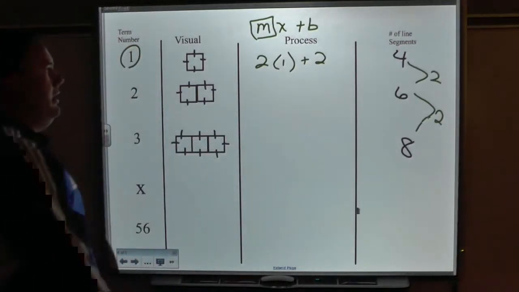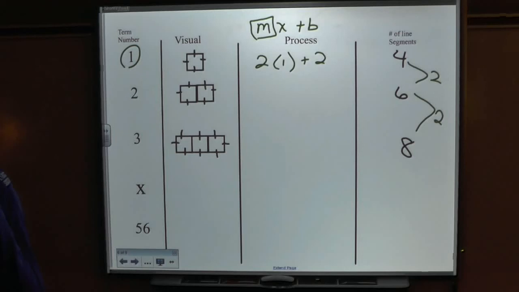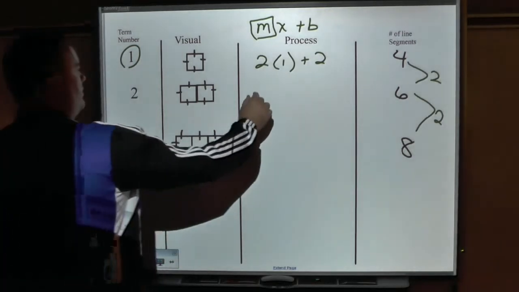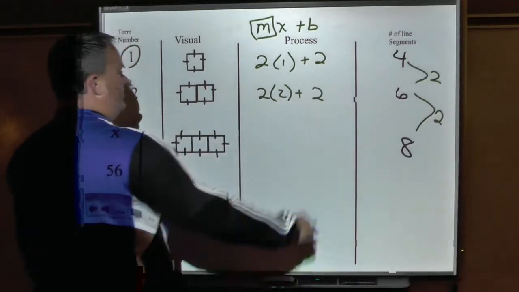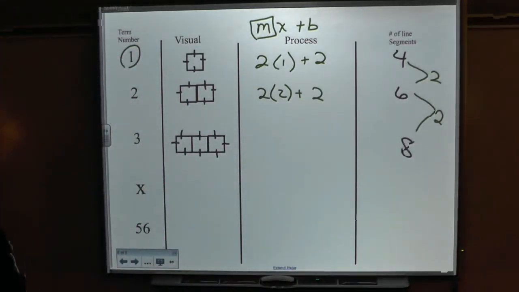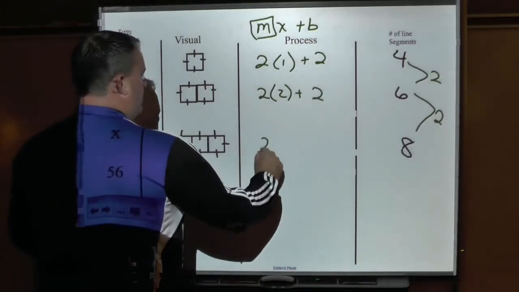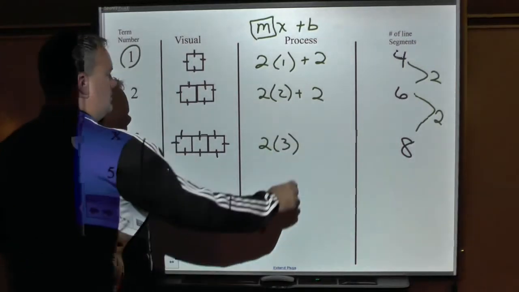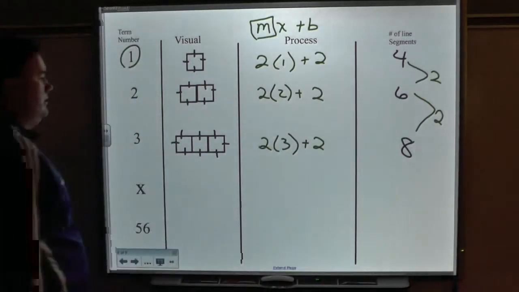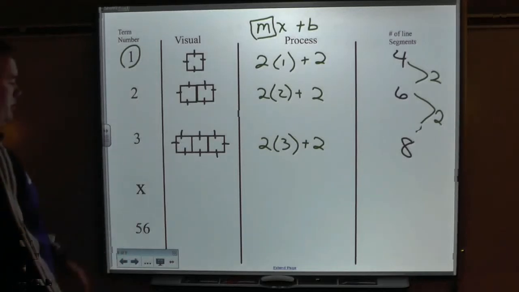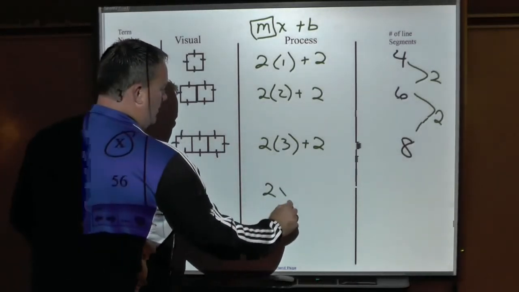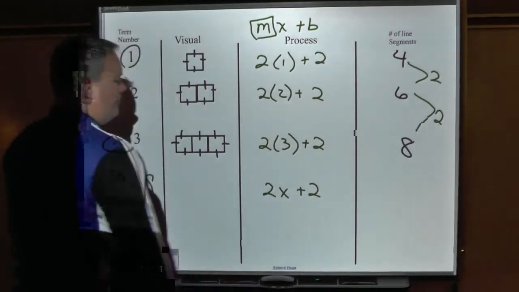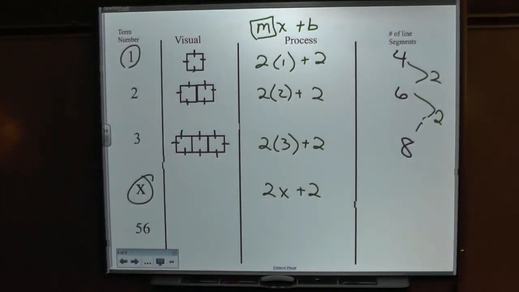Another 2. So 2 times 1 plus 2 gives you 4. Plug in a 2. 2 times 2 is 4. Plus another 2 gives you 6. Plug in a 3. 2 times 3 is 6. Plus 2 is 8. So for the value of x, instead of writing a 3, we write an x. So 2 times x plus 2. That is the pattern that you're showing.